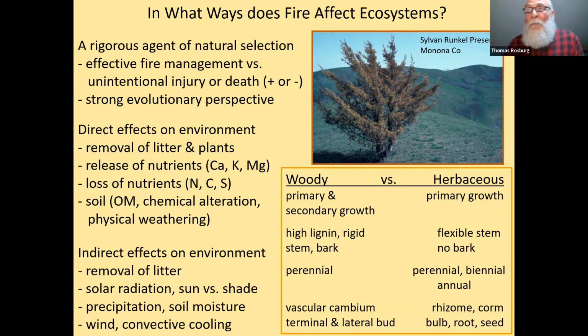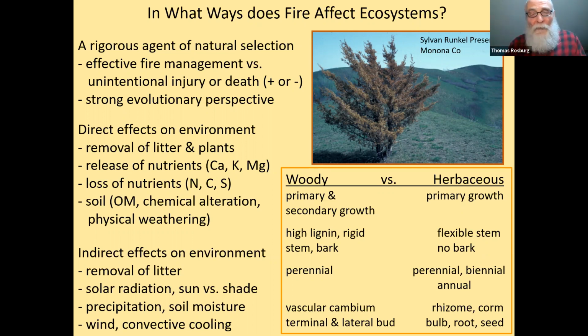Indirect effects then are the things that happen because of the direct effects, sort of second level consequences. There are a lot of things that happen because of the removal of litter. Most of those are changes in the microenvironment, microclimate. We'll look at that a little bit more. But certainly, increased solar radiation because of the litter being gone now and direct exposure to sun. We'll talk about some things related to sun versus shade leaves.